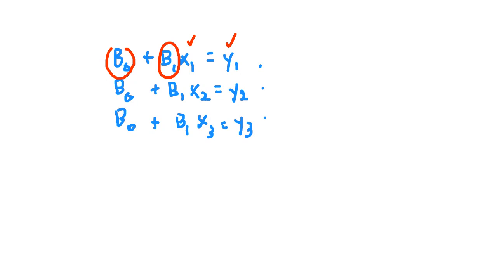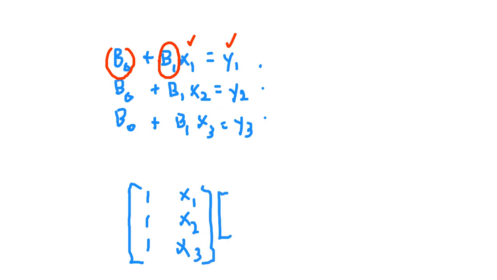Okay, if we were to rewrite this system in matrix form, we'd have the matrix with columns 1, 1, 1 and x1, x2, x3, times the vector beta naught, beta 1, equals y1, y2, and y3.